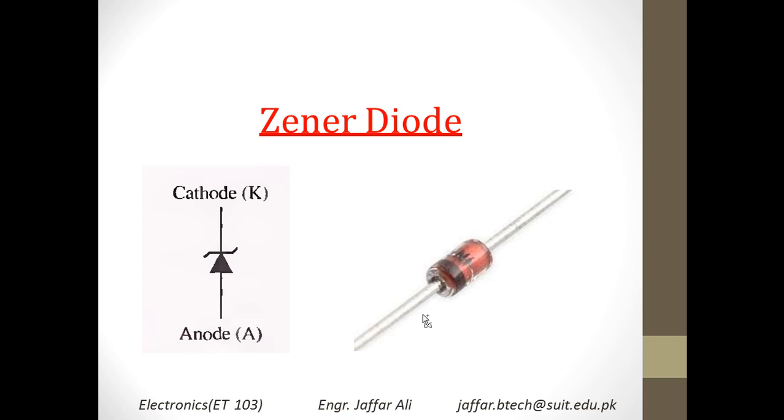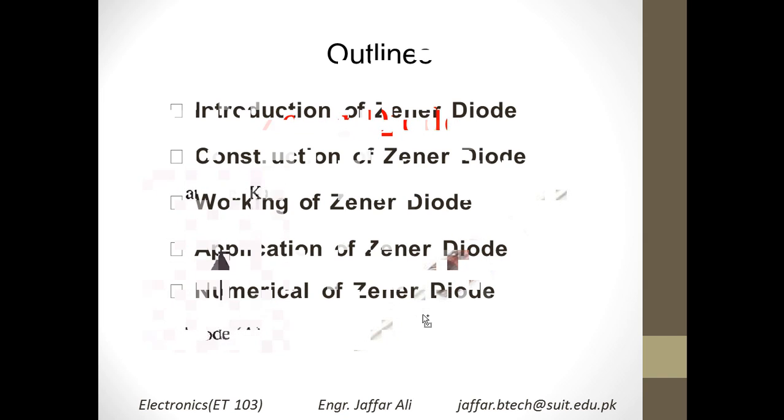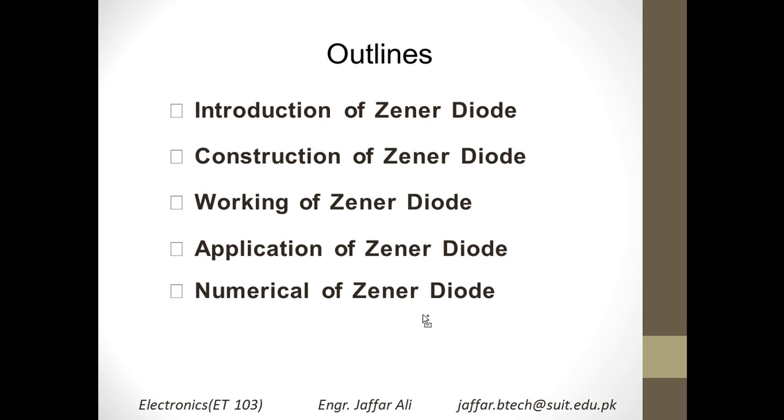Today in this class we are going to learn more about the Zener diode, what it actually is and how it works. We are also going to look at the construction of the Zener diode, how it is actually made, and what parameters affect the reverse bias, or you can say the reverse voltage working operations.